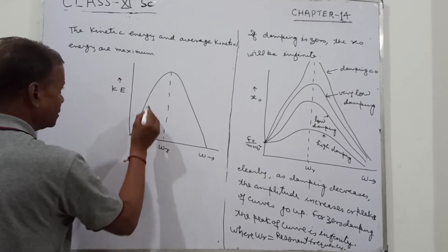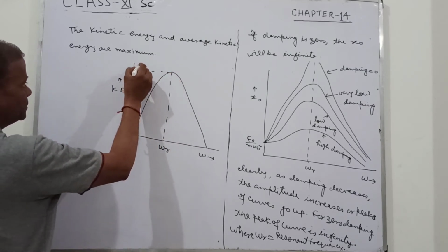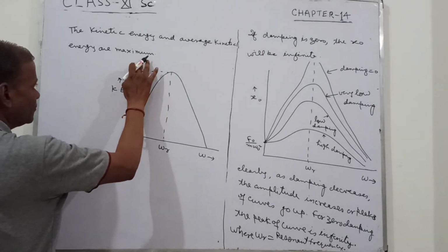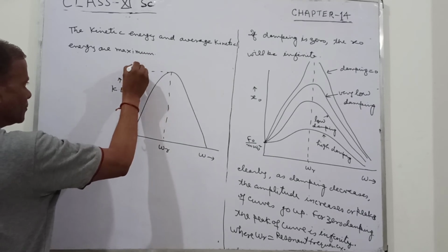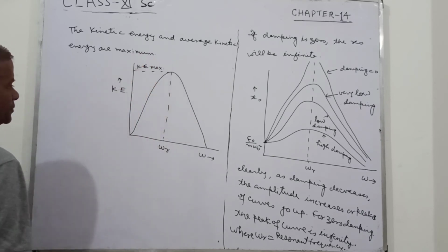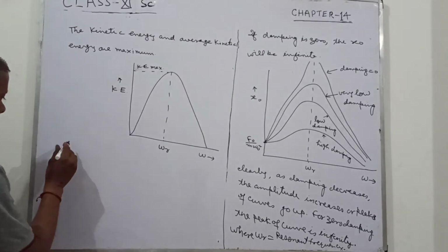This is omega r. This is the kinetic energy, maximum kinetic energy, KE maximum, at the resonant frequency, where omega is equal to omega naught.